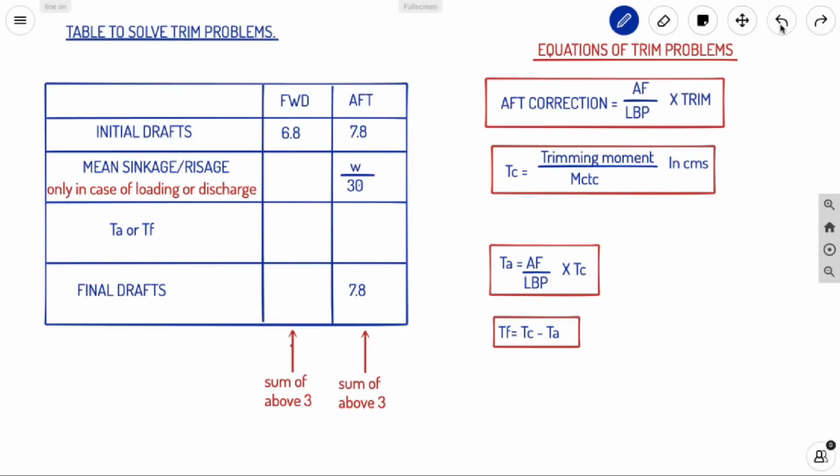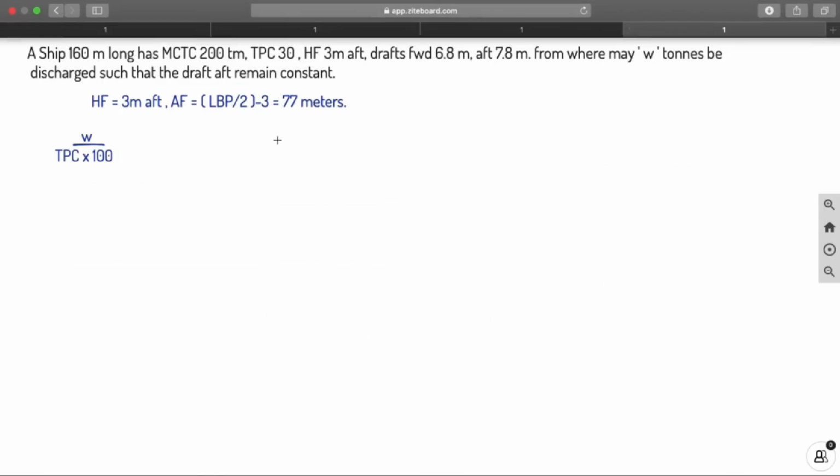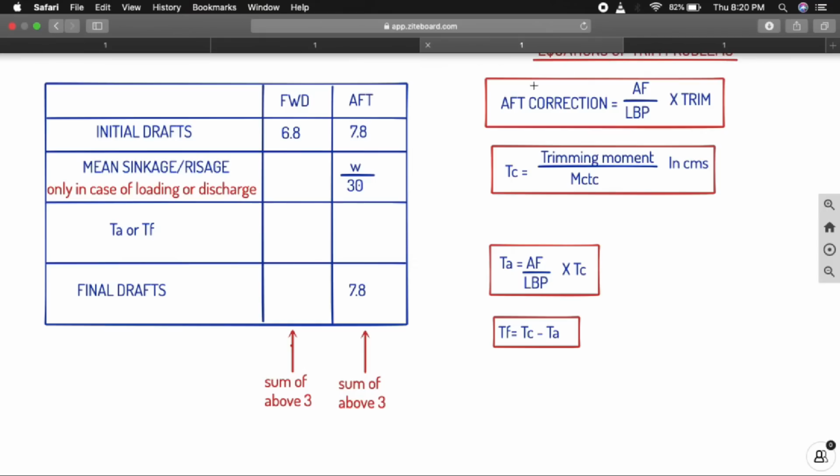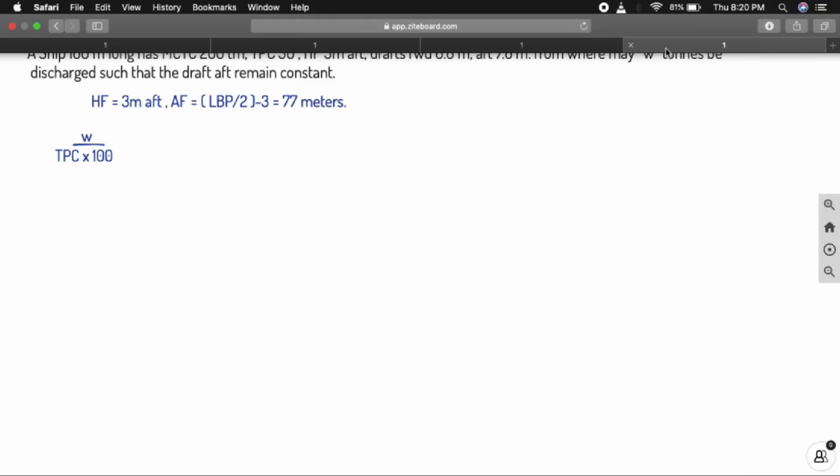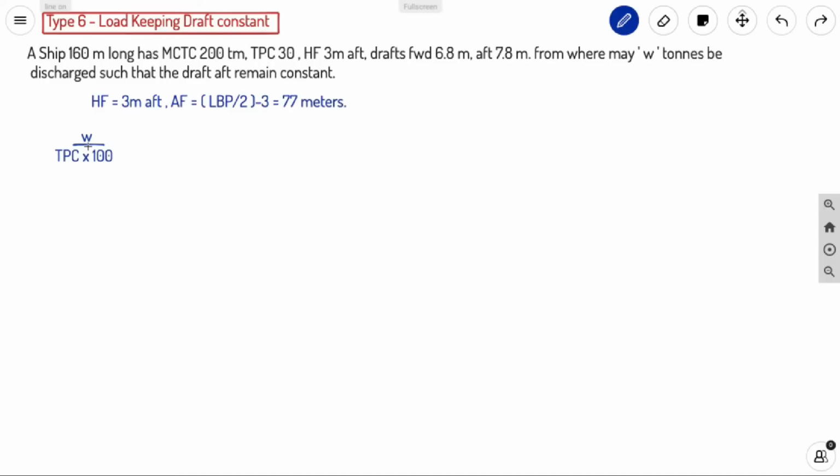That means W by TPC, that's W by 30, since in the question TPC is given as 30, and that's always in centimeters, ton per centimeter. Next thing is our TA, and the equation for TA we know: AF by LBP into TC. So the equation is W by TPC into 100.